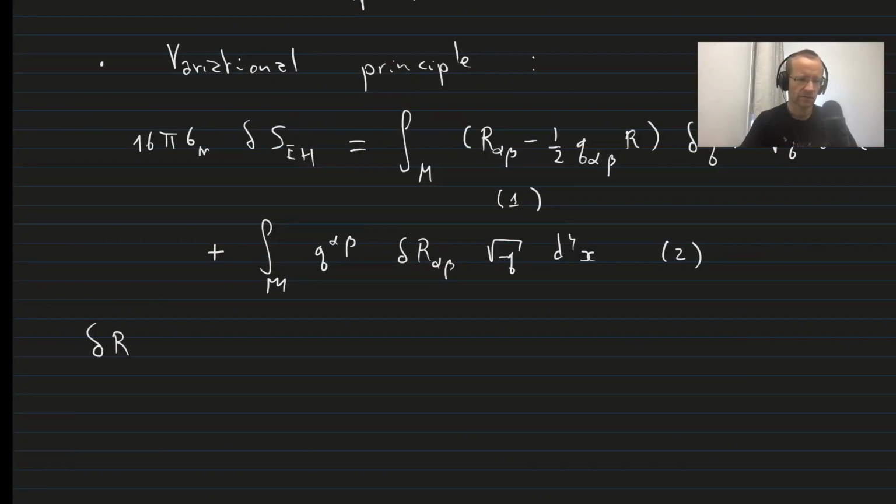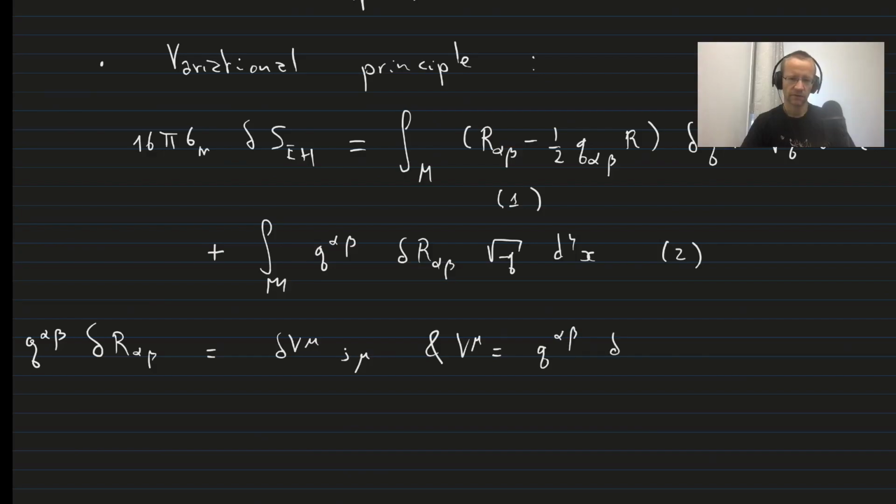Well, we have g^{alpha beta} delta R_{alpha beta}, which is equal to the variation of a metric, covariantly derived and traced, where the variation of this vector is related to the variation of the Christoffel connection symbols.